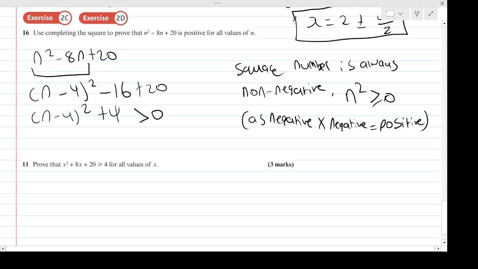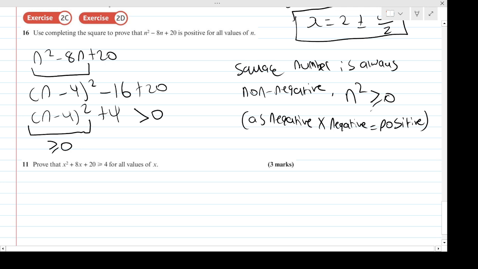But I also want to go over this terminology. No, I'm not going to go over it now. But essentially, if we have a square number, it has to be at least 0, right? It can never be negative. So, with that in mind, this number here, n minus 4 squared, is a square number because n minus 4 is being squared. So that means this expression here has to be at least 0.